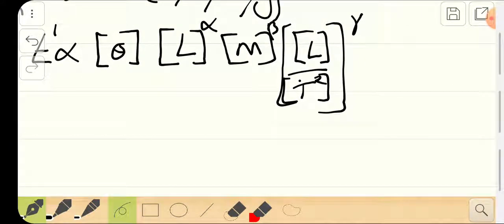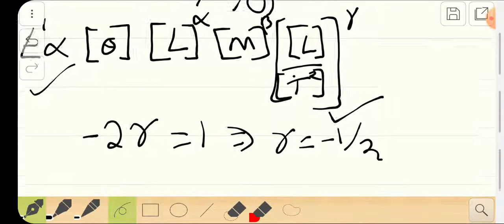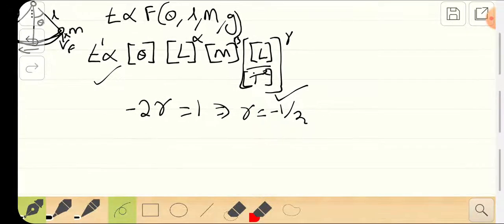Now as you know, we have a T on this side and there's a T downstairs, so T raised to 1 means that minus 2 gamma, because it's on the downside, must be equal to 1. So gamma is equal to minus 1 by 2. Similarly, there is no L dependence on the left side.